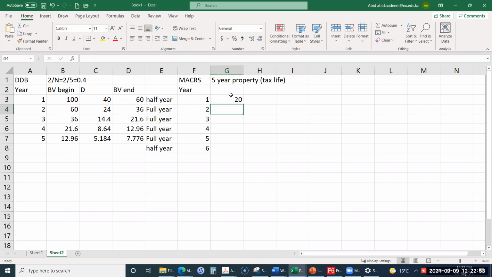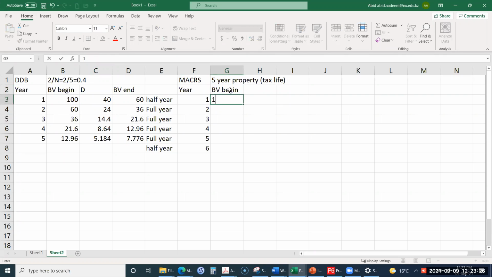And in the next year, it will be a full year of depreciation. So how will it be calculated? It will be based on the book value. Let me talk in terms of the book value in the beginning.